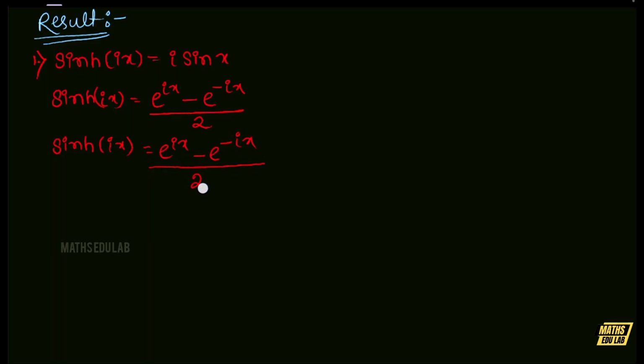On multiplying and dividing by i, we can write sine hyperbolic ix is equal to i sin x, since we got the sine hyperbolic x value, and in place of x I have written ix. Similarly, I will write the results directly, and you can prove those results.